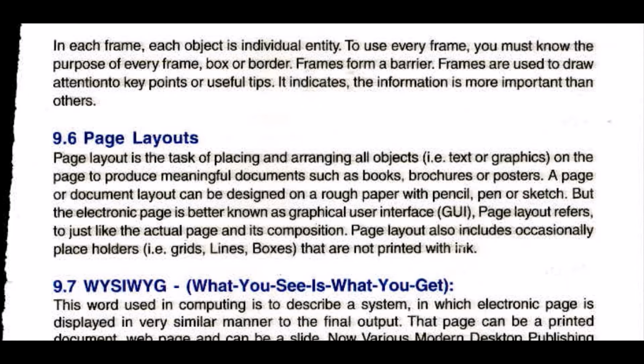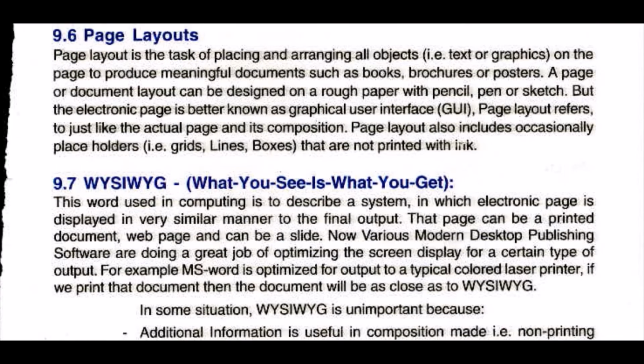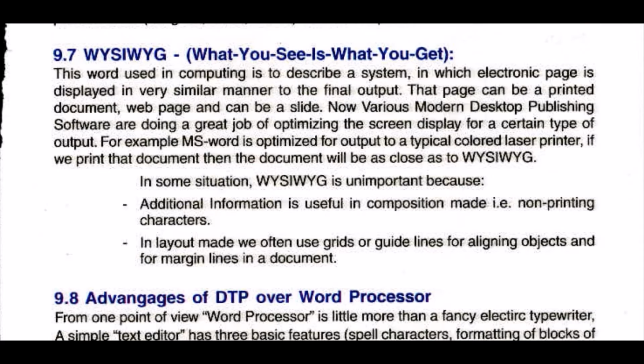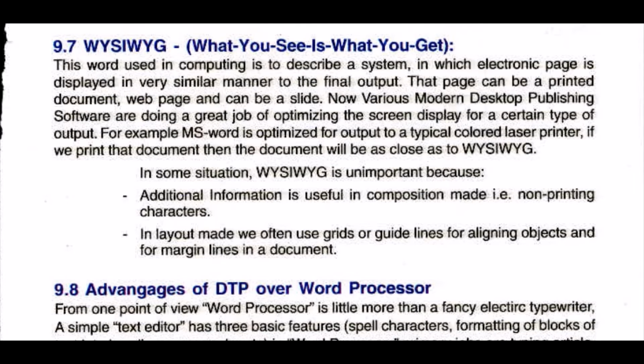What you see is what you get. This term used in computing describes a system in which the electronic page is displayed in a manner very similar to the final output.